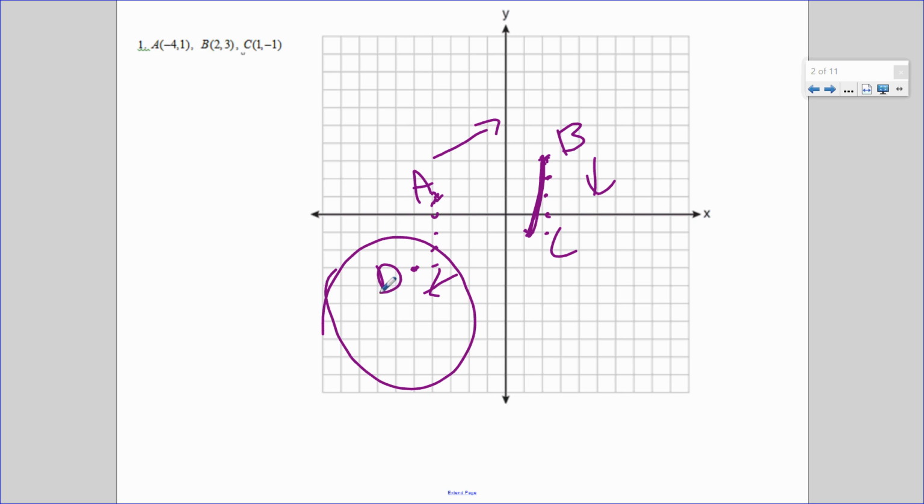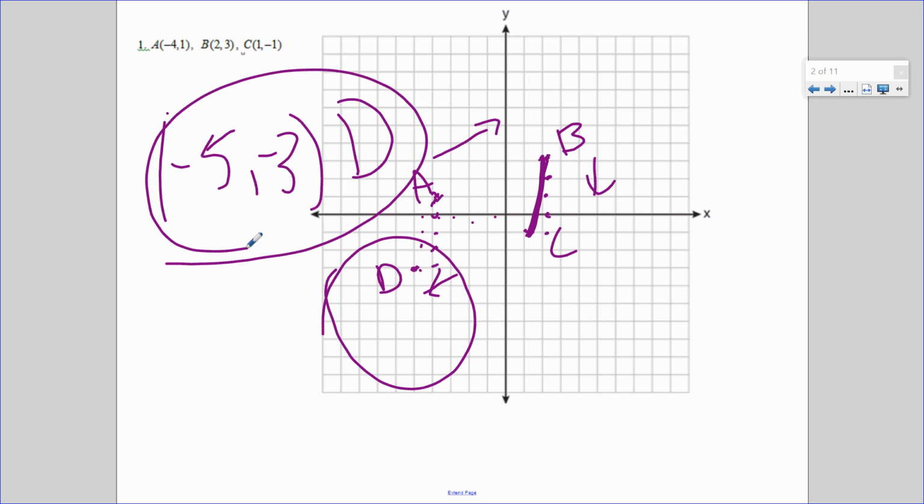I'm counting whatever I do to get from B to C, I'm counting to do the same thing to get from A to D. The coordinates of that point are negative 5, negative 3. That's it. We're just counting the same thing from A to D as it is from B to C. That will make it a parallelogram.